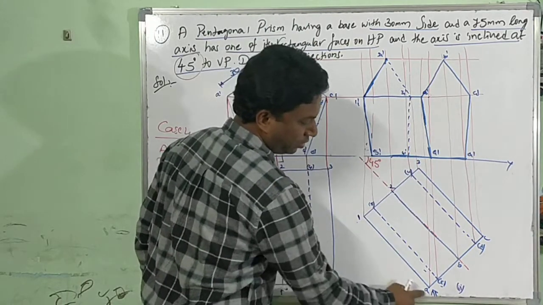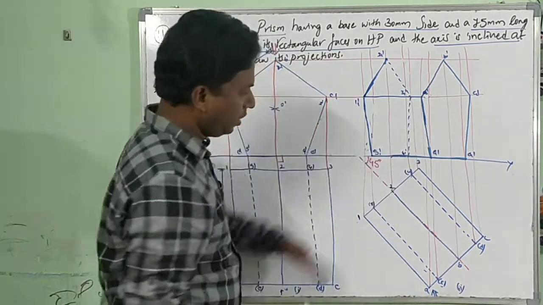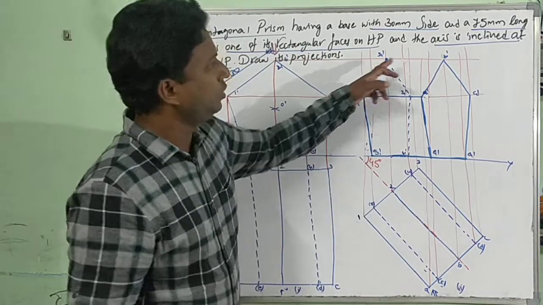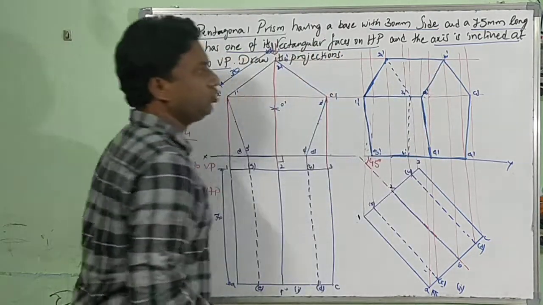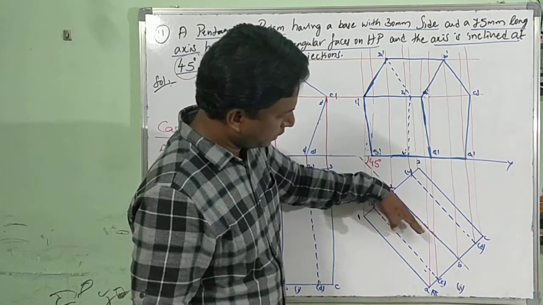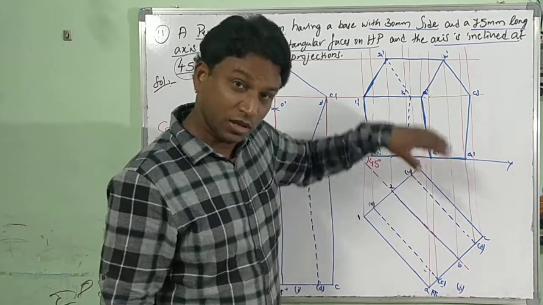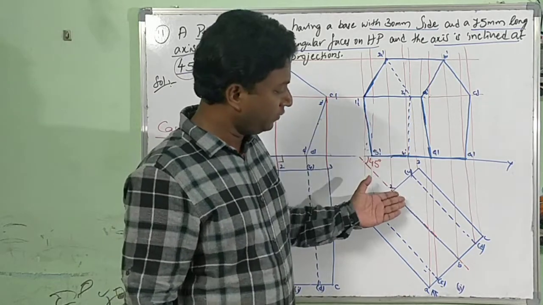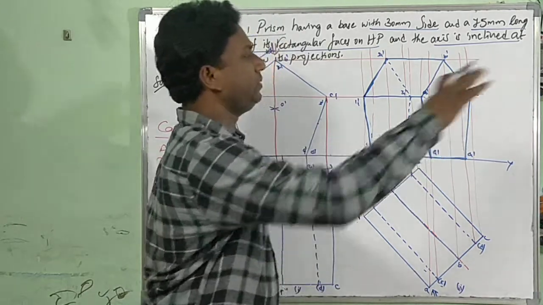Half line below 1A, 1 dash A1 dash. Half line below 2B, which is also top, is clearly visible: 2 dash B1 dash. Here below, 5C is hidden in the top view. But when analyzing the front view, with respect to the below half line, this 5C comes on XY, which is completely thick.